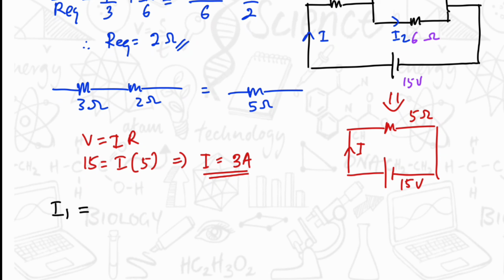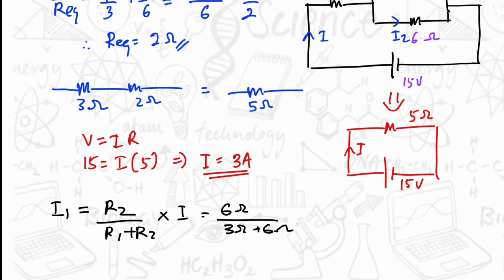I1 can be taken from the equation R2 over R1 plus R2 times I. R2 is 6 ohms, and R1 is 3 ohms plus R2 is 6 ohms. Then I is 3 amperes, so that will be 18 over 9.